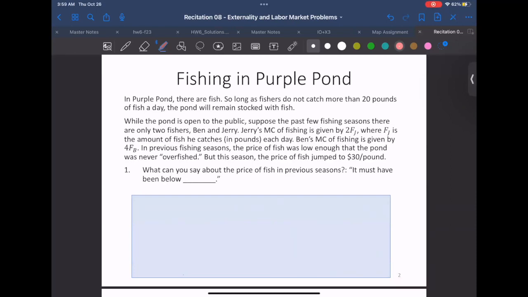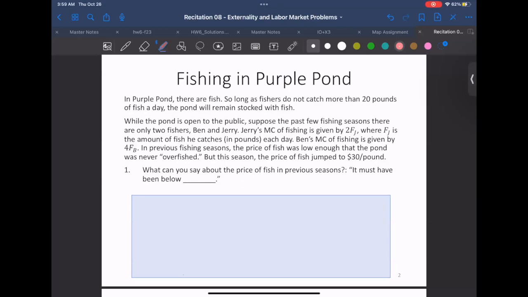Ben's marginal cost of fishing is given by 4FB. In previous fishing seasons, the price of fish was low enough that the pond was never overfished. But this season, the price of fish jumped to around $30 per pound, which would mean that more people want to catch fish to sell them at a higher price.